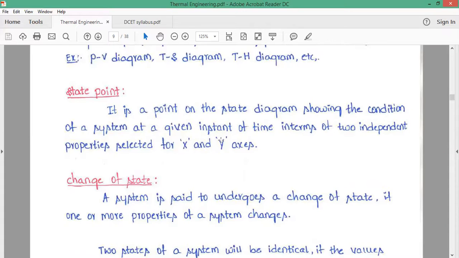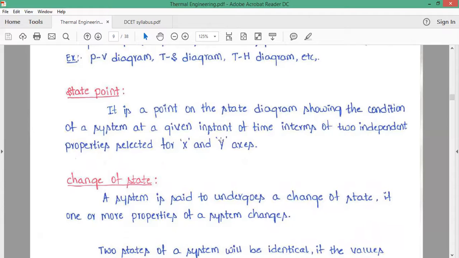For example, in a PV diagram, if I locate any point, that point corresponds to the state or the condition of the system defined by the corresponding pressure and volume.